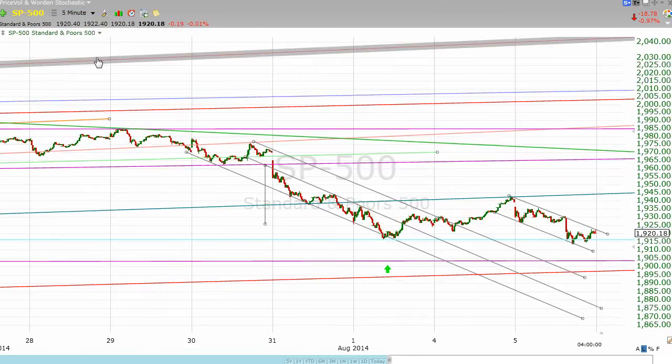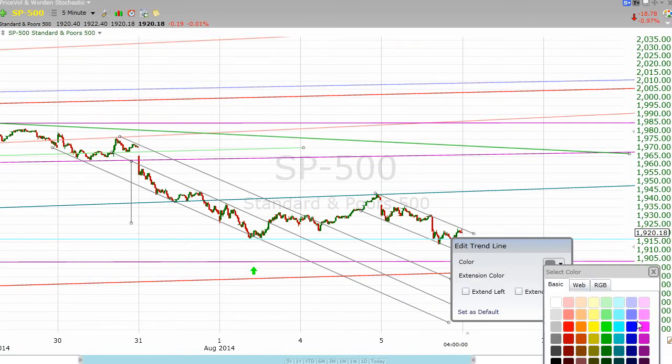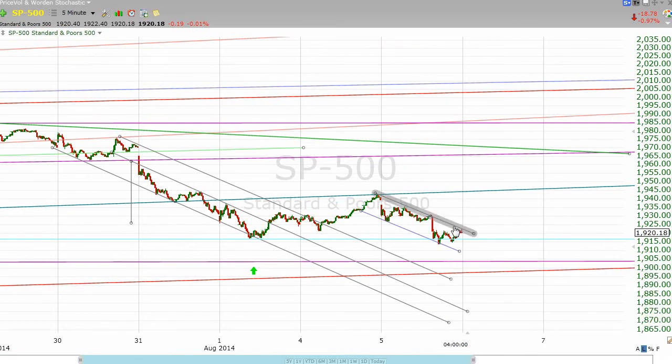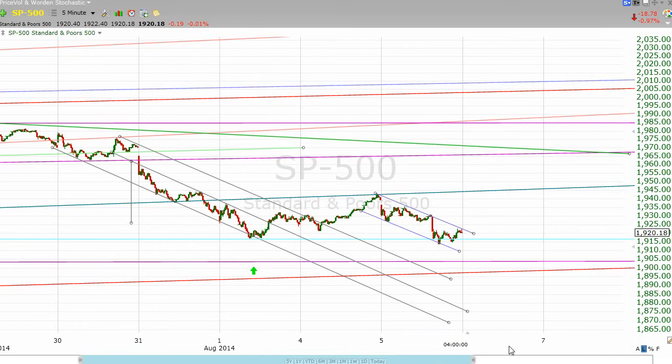Just thinking in terms of the next very short-term move, I did another little exercise in parallel lines, and I stuck this line, I'm going to make this one a different color just so it stands out a little bit, and this one too. Put these two lines up on the chart that really define the high set yesterday and then two touches so far.